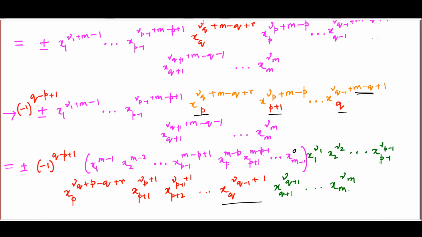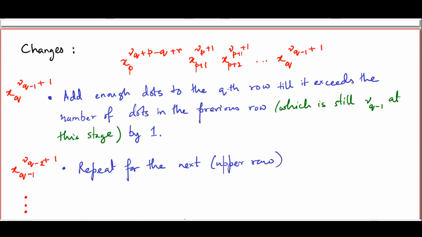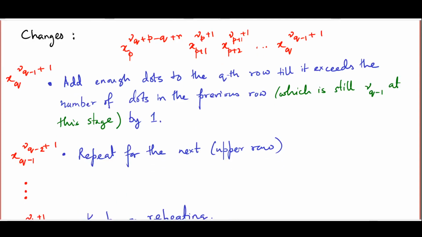To see this in more detail, let us take a look at precisely those terms which have changed. So these are the terms that were written in red before. Notice that what this means is that, as we have said, you have to add enough dots to the qth row till it exceeds the number of dots in the previous row, which is still nu q minus 1 at this stage.